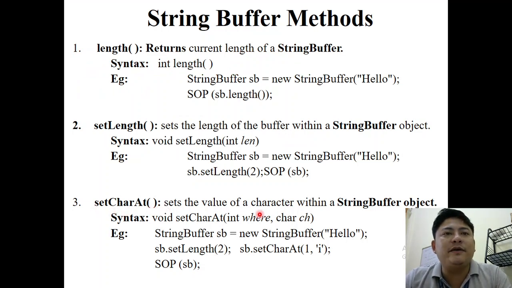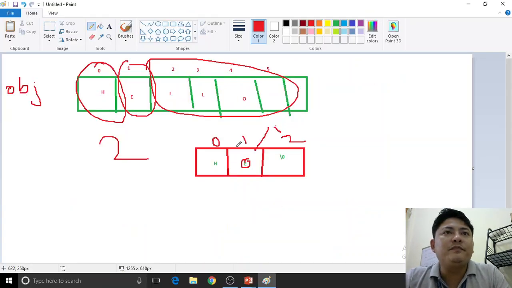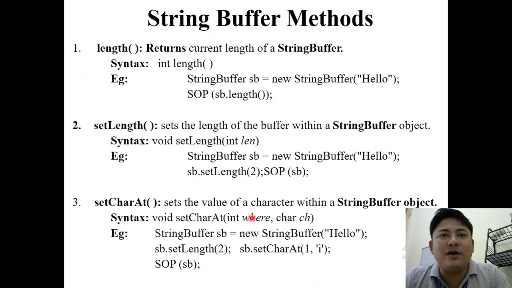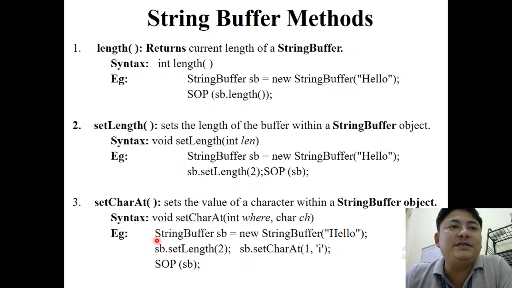setCharAt goes this way: first, where you want to store it. In our case, the index location would be 1. Then, with what character you want to replace it. E should be replaced with I, so here you should specify I. Let us see the example.